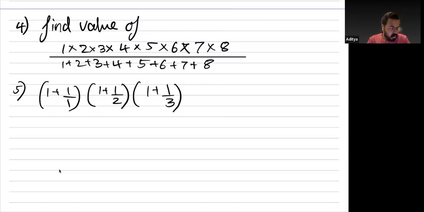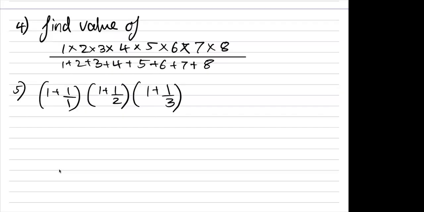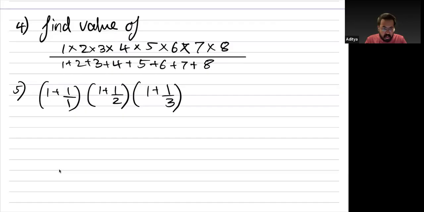Sir, is the fifth question this much or is it longer? It's longer, just a second. It goes all the way up to 1 plus 1 by 6. Akshita not correct. Daksh, Arnav, Kaushik correct.